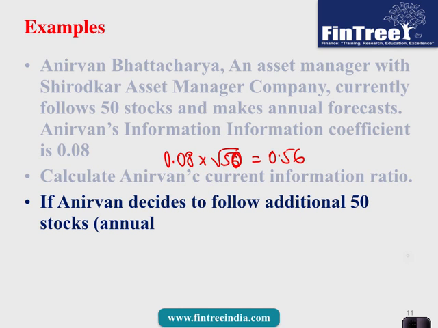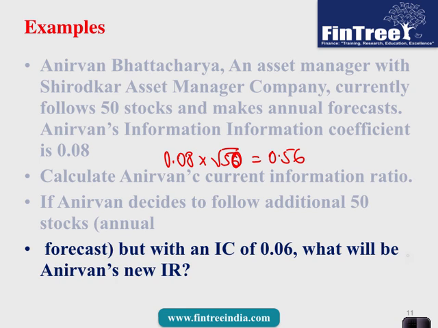If Anirvan decides to follow additional 50 stocks but with an IC of 0.06, so we have additional 50 stocks which has an IC of 0.06. So for this data again we will have to calculate information ratio.